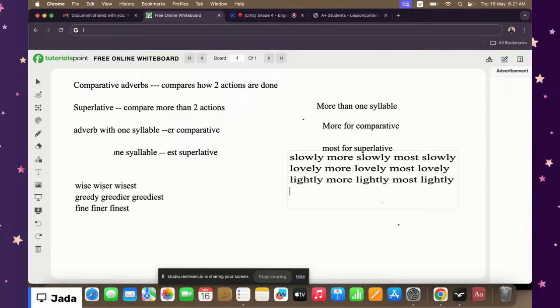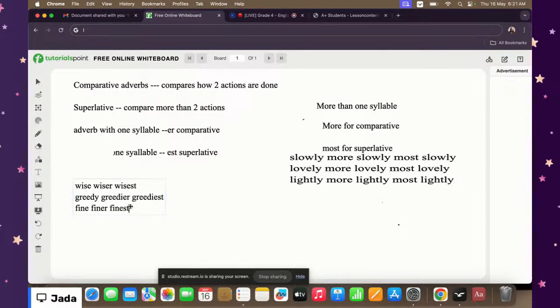Lovely, lovelier, loveliest. So the one that you sent is for the one syllable, so it's supposed to be added here, not under the more than one syllable.